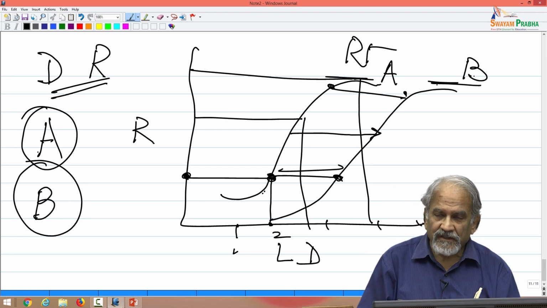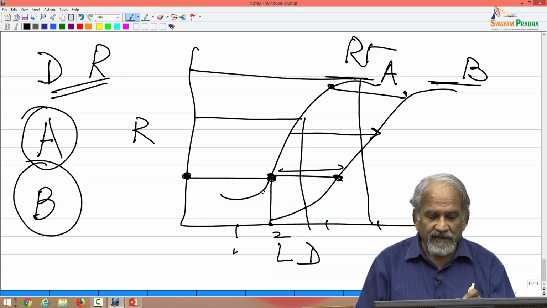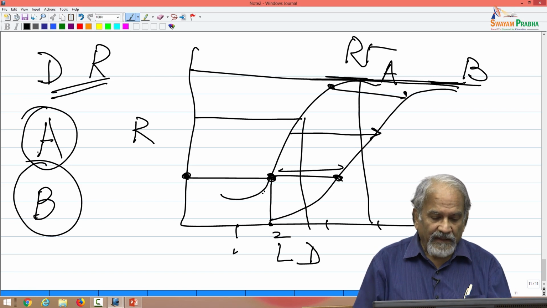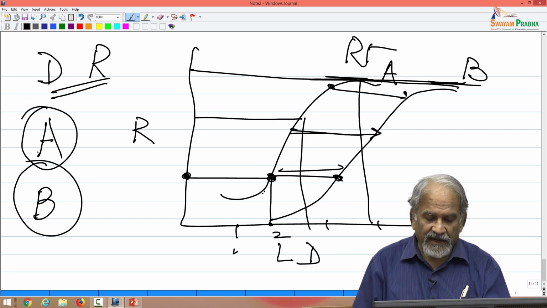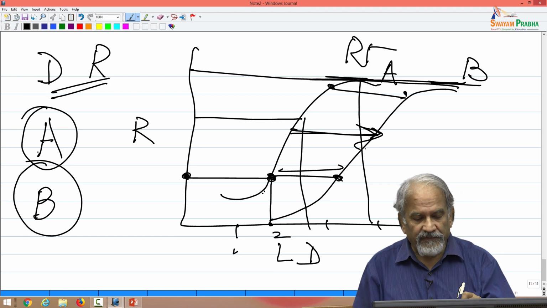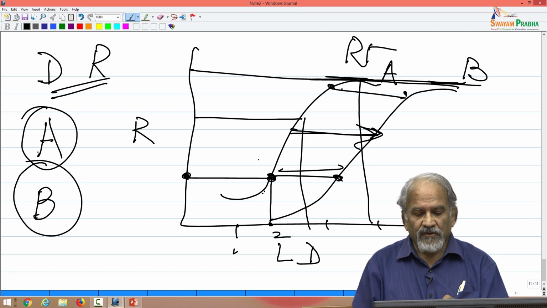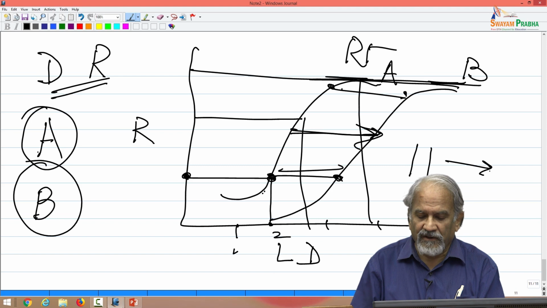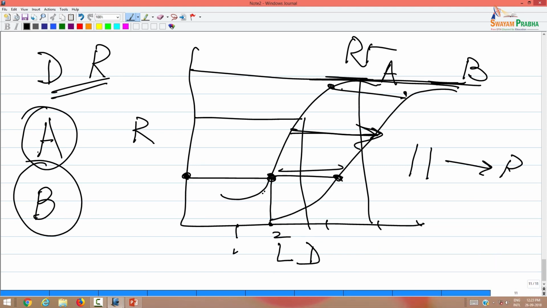It means that there are 3 characters. One is the maximum can be achieved by both, the shift is towards right, and the shift is parallel. So, if there is a parallel shift, it indicates that the 2 drugs are acting on the same receptor.